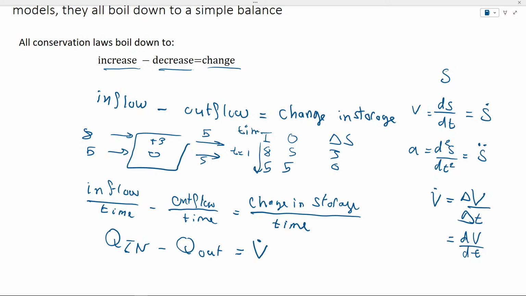At time 3, you might have 8 units entering and 10 units exiting, then the storage change will be minus 2, and so on. That would be a transient state, or time varying, but it is the same rule: increase minus decrease is equal to change.